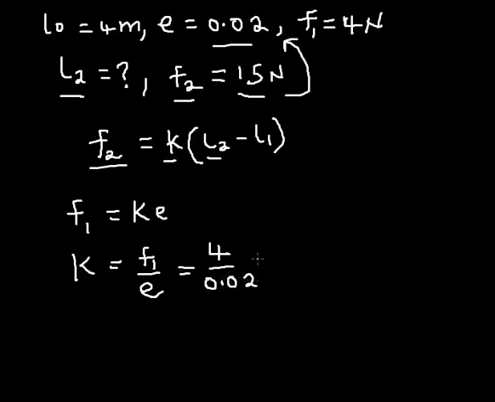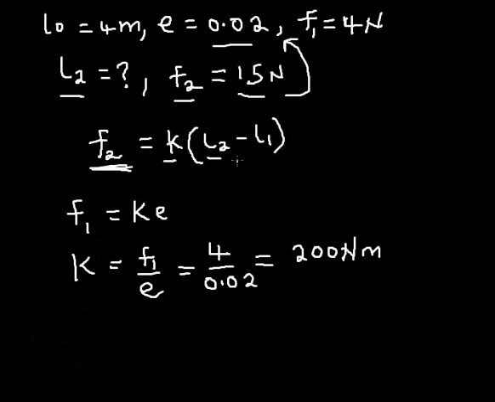So when you do this, what you have is going to be 200 Newton per meter. So the force constant of the spring is 200 Newton per meter. Having gotten the force constant, I can apply the formula so that I can get the final length L2.